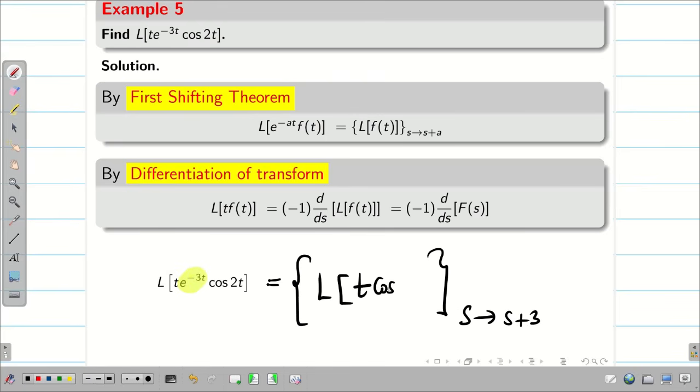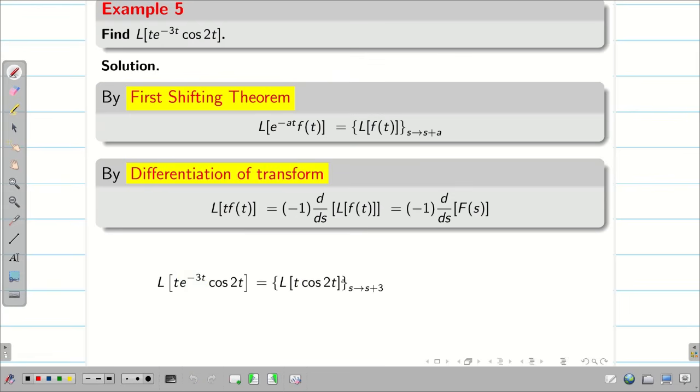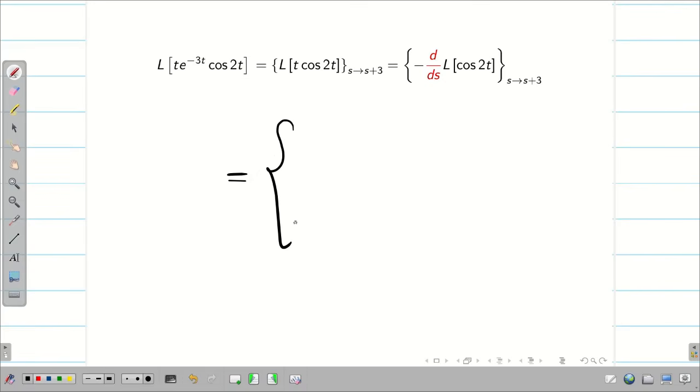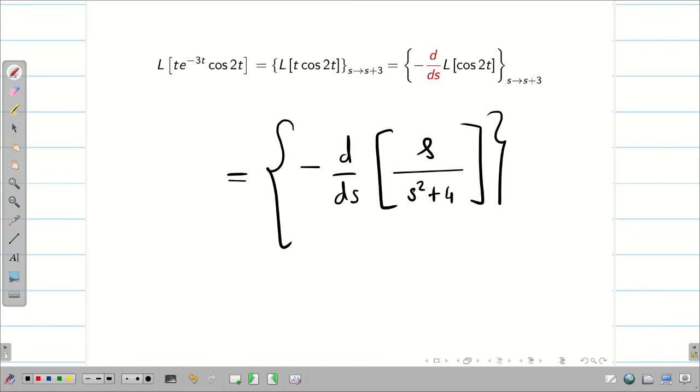L of t into cos 2t. Now for L of t into cos 2t we have to apply differentiation of the transform. So minus d by ds of L of cos 2t, where s is replaced by s plus 3. Now we have to differentiate, therefore minus d by ds of L of cos 2t, which is s by s square plus 2 square, that is 4.